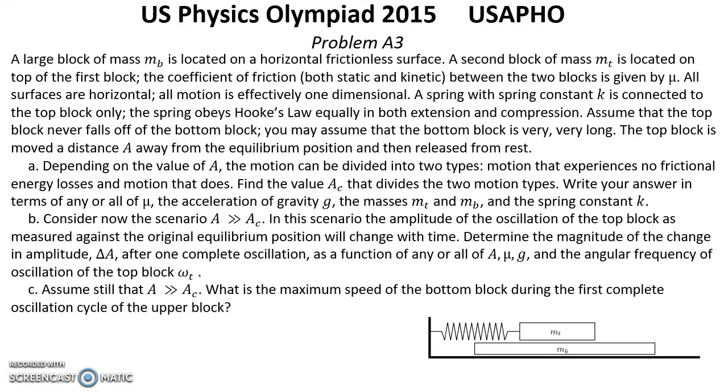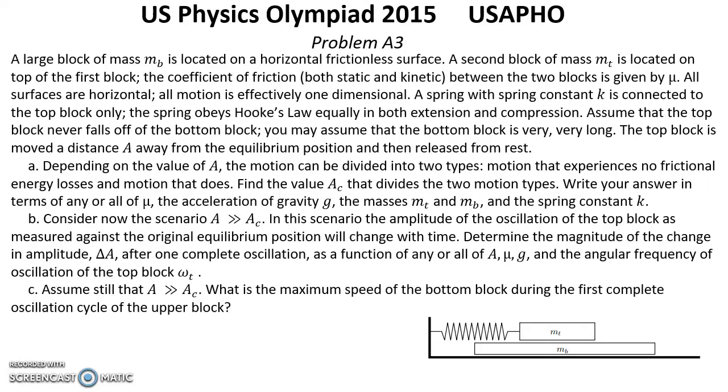Question B. Consider now the scenario when amplitude A is much greater than AC, A critical. In this scenario, the amplitude of the oscillation of the top block as measured against the original equilibrium position will change with time.